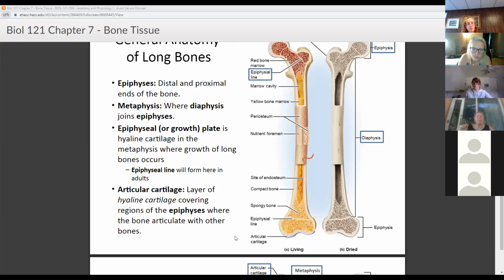In the epiphysis, yep, in aging children. Yep, in the epiphyseal plate. Once the cartilage in the epiphyseal plate is depleted, the bones will stop growing. And then an epiphyseal line will form in that area.